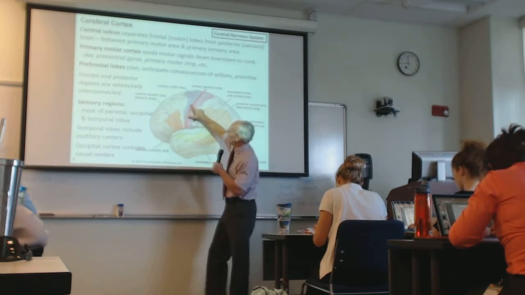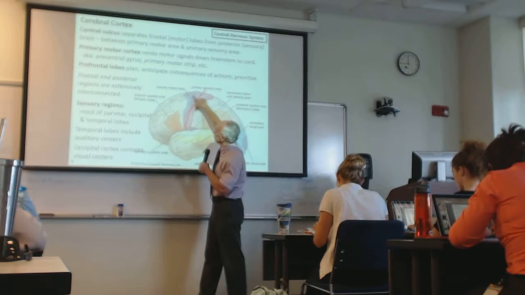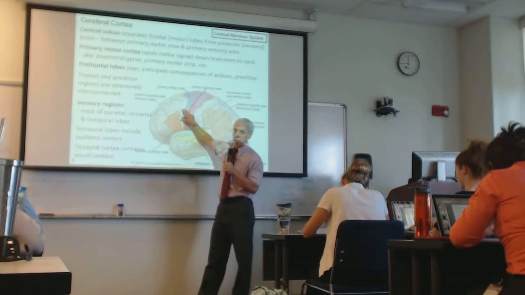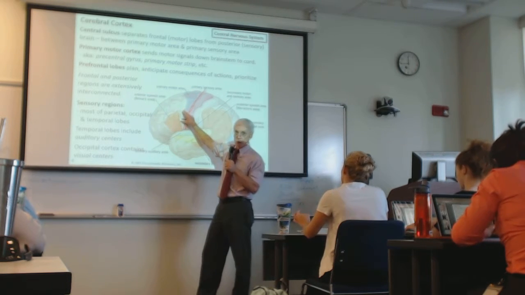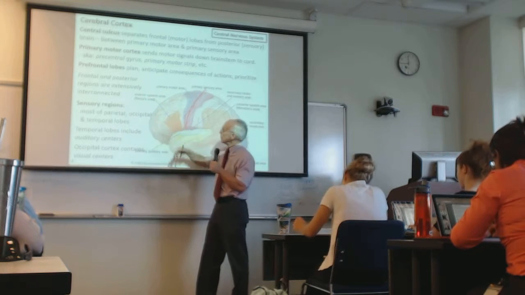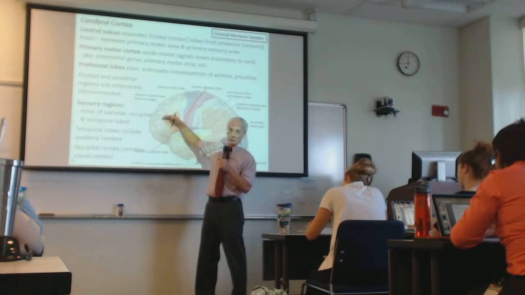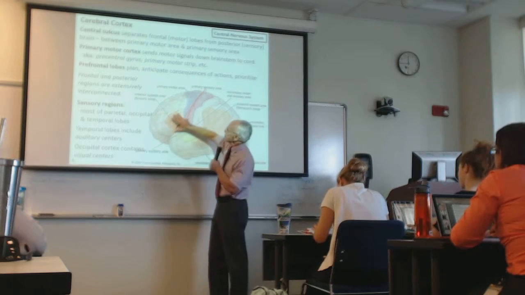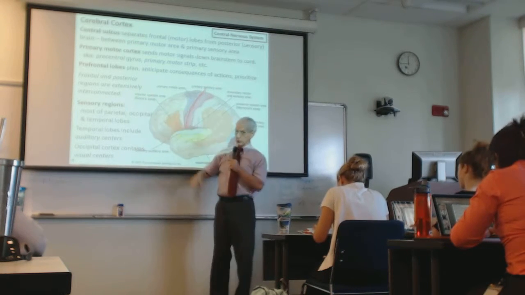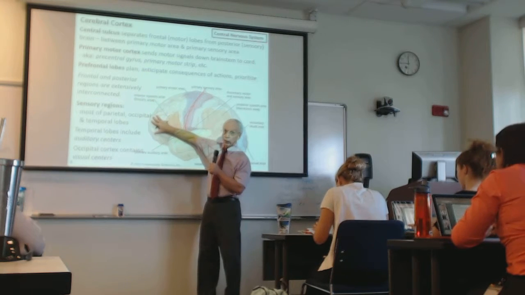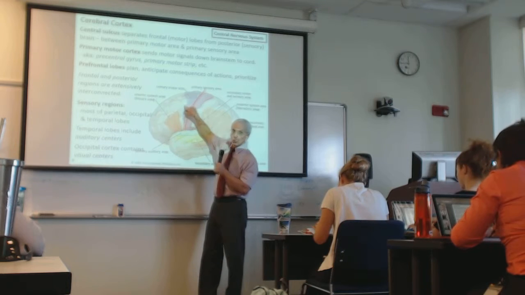So I guess here's my point. As we move from here to here, we have more abstract levels of motor function, planning, anticipation of the consequences of behavior. That would be in the prefrontal cortex here. Decisions amongst the alternatives, executive function of the brain. All of that resides in what I'm very generally calling the motor brain. But more abstract here, actual movement here.